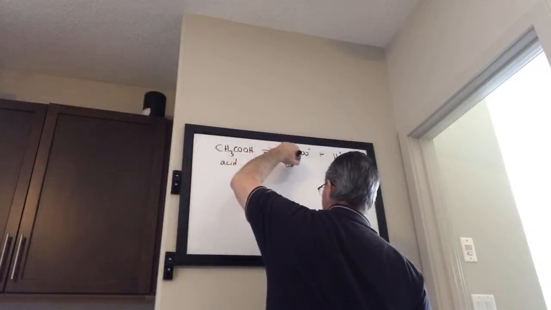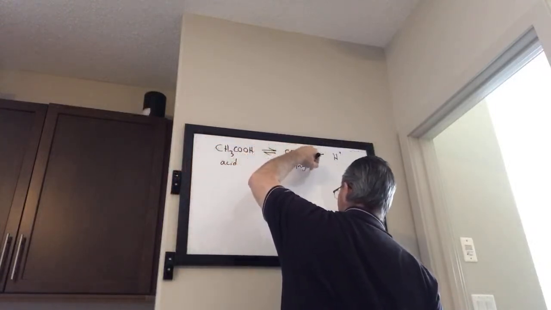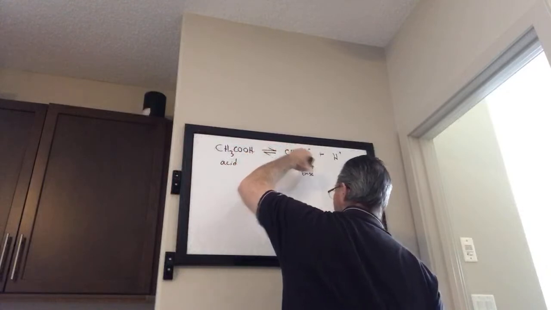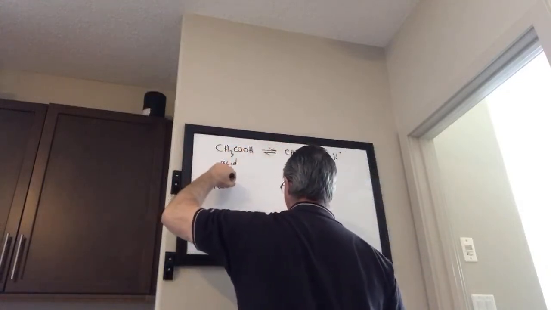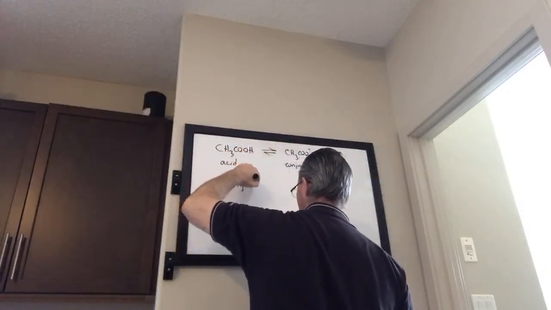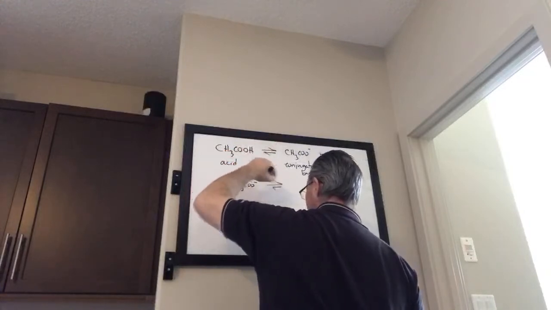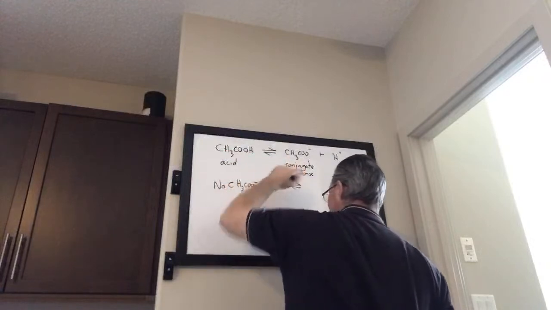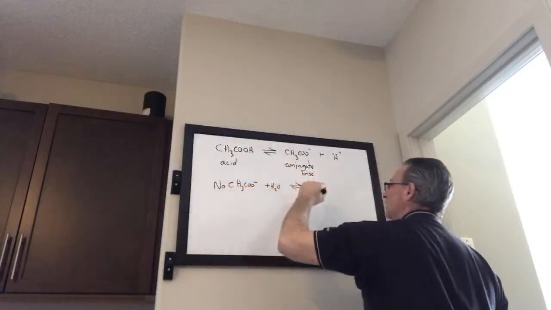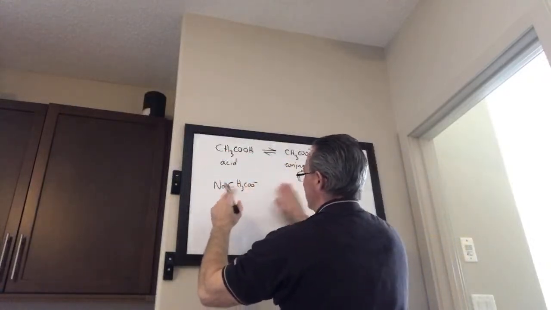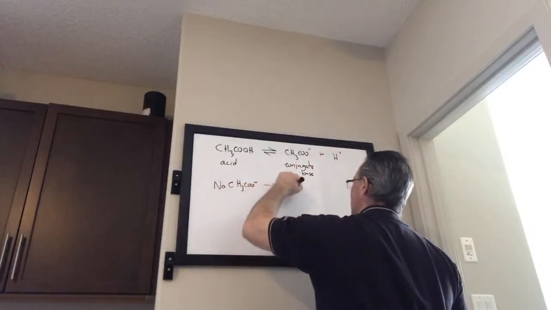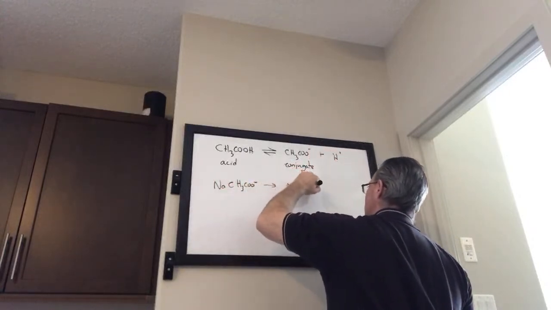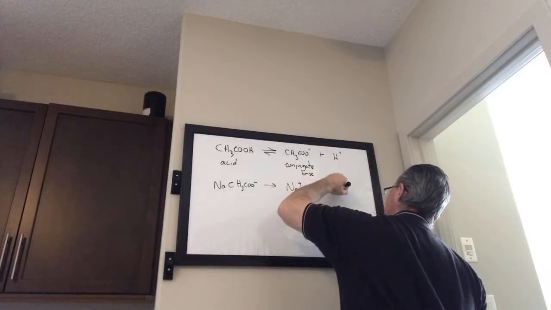This is its conjugate base. Turns out, if you took a solution of sodium acetate, NaCH3COO, it could interact with water. It'll abstract the proton from water. Once it dissociates, that's the first step. It'll dissociate into sodium cations and acetate anions.